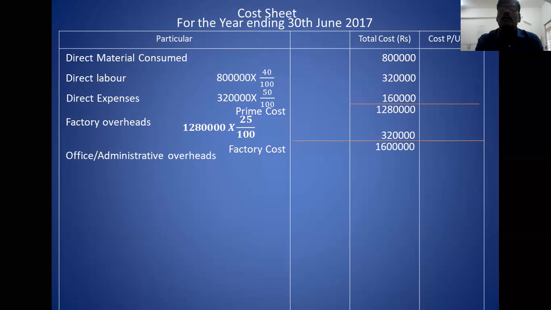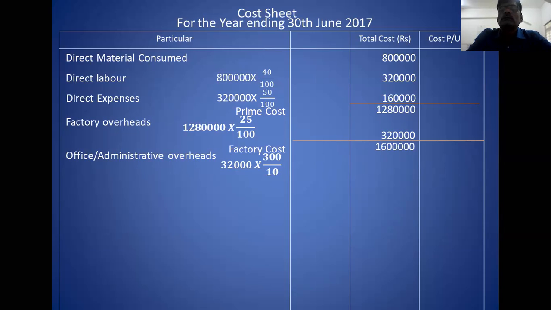Next is office and administration overhead. Office and administration overhead is 300 rupees for every 10 units, and I have taken 32,000 units. How did I take this? I took this based on unit sold plus closing stock minus opening stock.